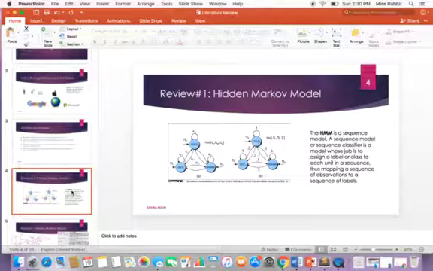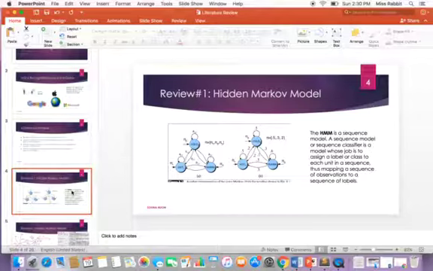So, for instance, as an easy example for understanding, let's say that John likes to eat ice cream, right? We conduct observations on him to compare his behavior of eating ice cream to the weather.